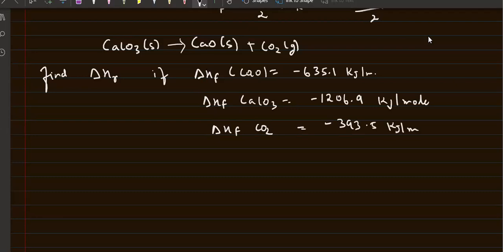Can you find delta H? Everyone, can you try? Please try and let me know.